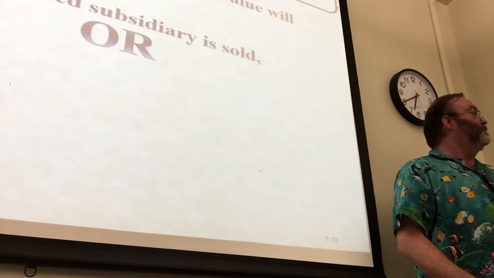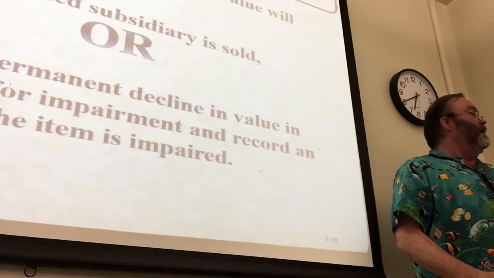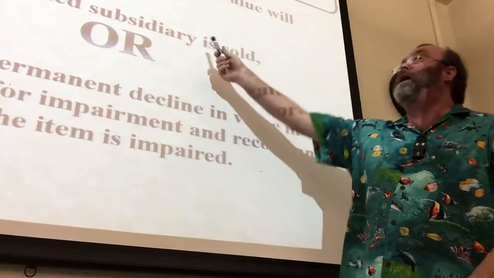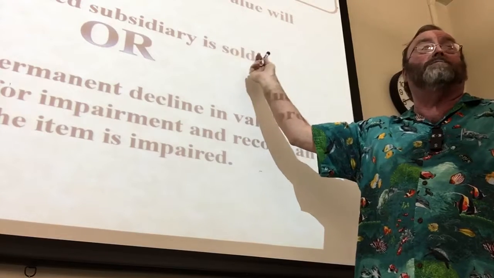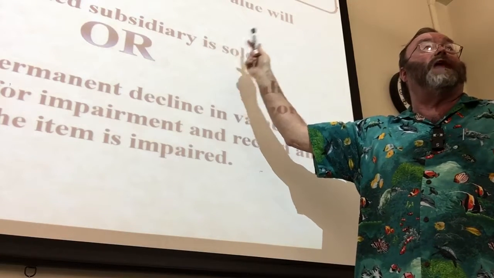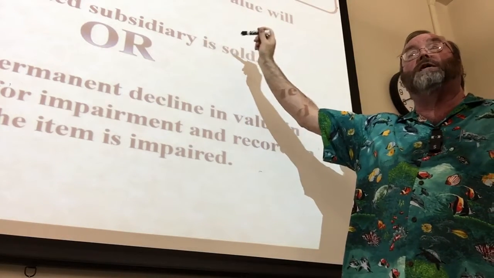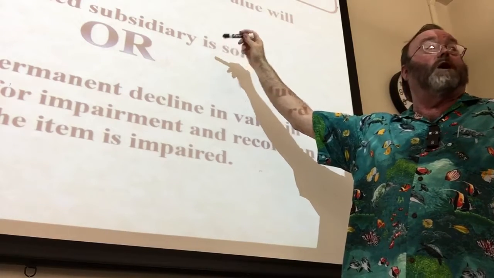All right. If there has been a permanent decline, now if you sell a portion of the subsidiary, then yes, the goodwill associated with that portion of the subsidiary goes away.